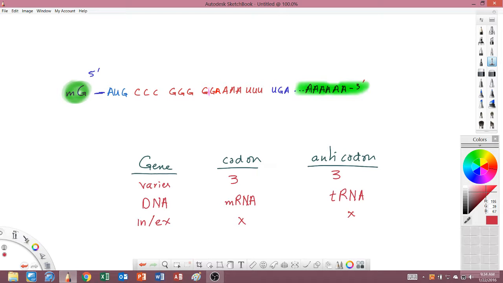The first two nucleotides usually must be complementary. The third could vary. For codon and anticodon, the first two nucleotides must be matching, must be complementary. The third nucleotide varies. It's okay.